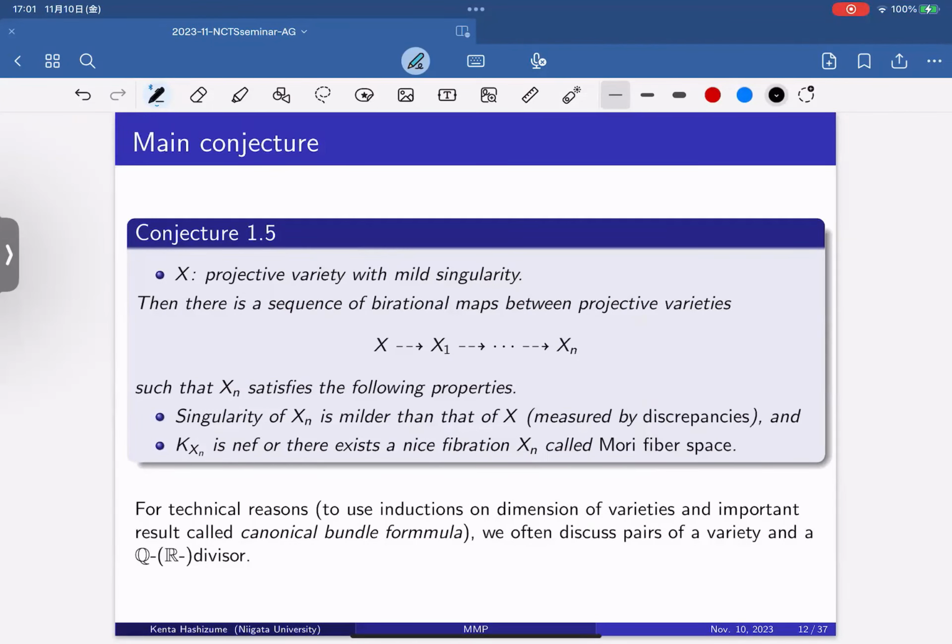Okay, this is a rough statement of the conjecture of the minimum model theory. Suppose that we are given a projective variety with mild singularity. I will explain the precise definition of mild singularity later: normal, log canonical singularity, or a pair.